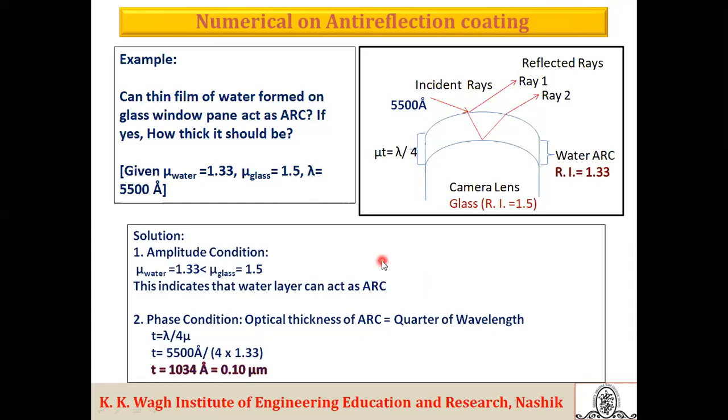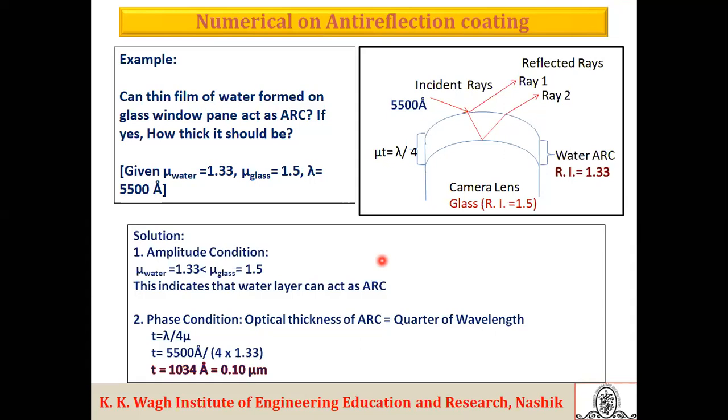So here is one of the practical examples, and with the help of this example, you can easily imagine which material can function as anti-reflection coating. Some practical examples of anti-reflection coating we discussed in this lecture. In this lecture, we started with the definition of interference. We started with types of interference.